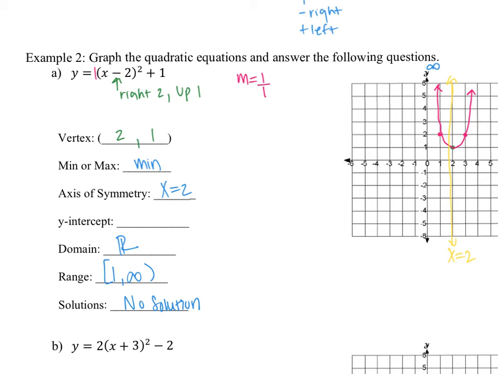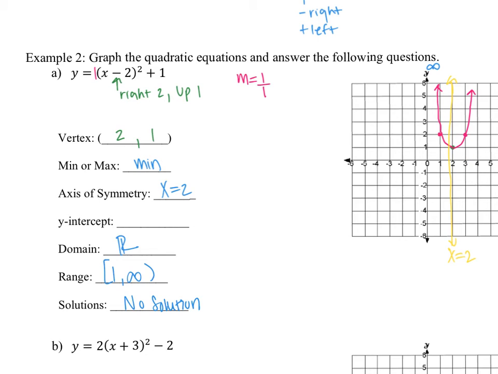Okay, so I want to pause here for a moment before I find the y-intercept. When I was using that slope to go from the vertex up 1 over 1, I just want to mention that if I were to continue using the slope, going up 1 and over 1, plotting right there and then connecting the dots, I would be very, very wrong. Let me explain why.